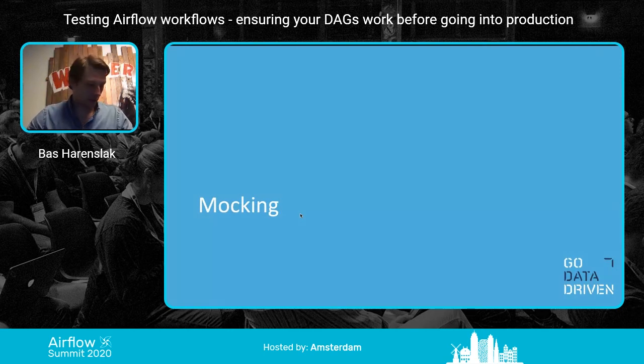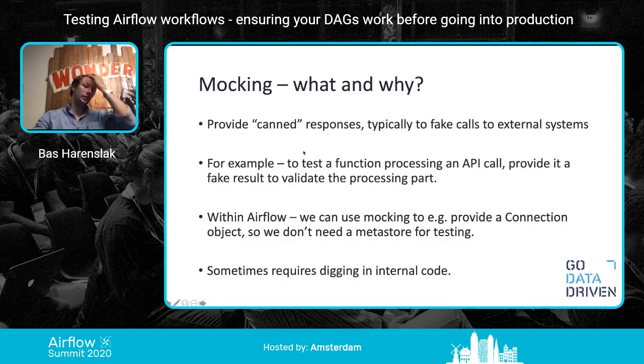So let's talk a little bit about mocking, and I see I have like 10 minutes left, so I will speed up a little bit. Mocking is basically the art of providing canned or fake responses to code that will make calls to external systems. The idea behind it is that on your laptop where you're developing, you don't always have access to your production system, so you can't always call it.